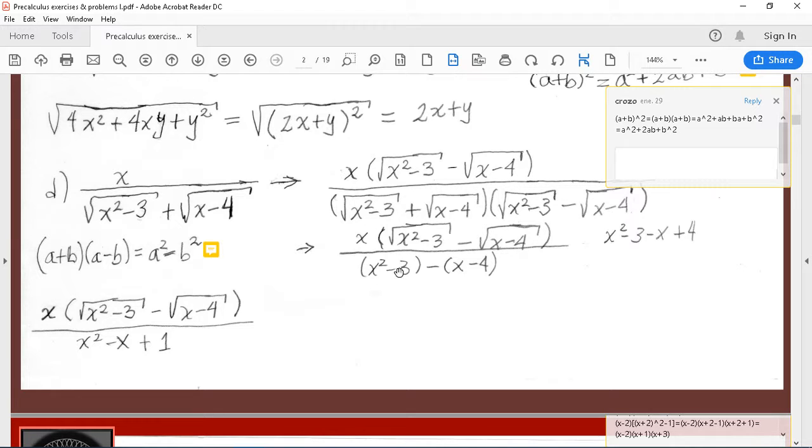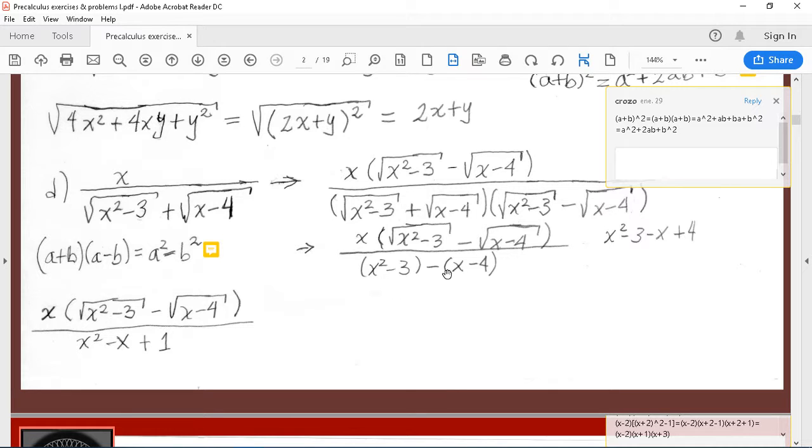So at the denominator, we are left with x squared minus 3 minus x minus 4, and in the numerator we have x times the square root of x squared minus 3 minus the square root of x minus 4.